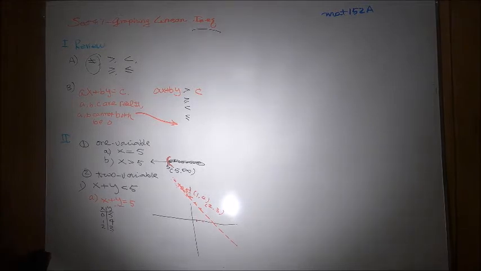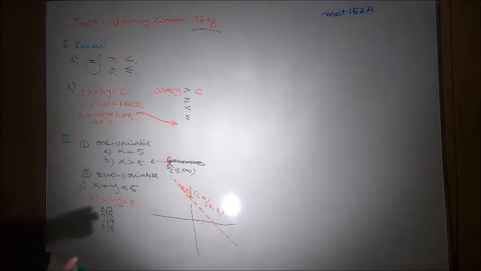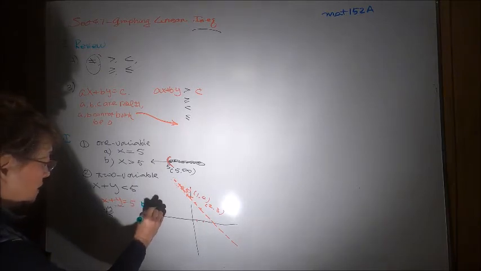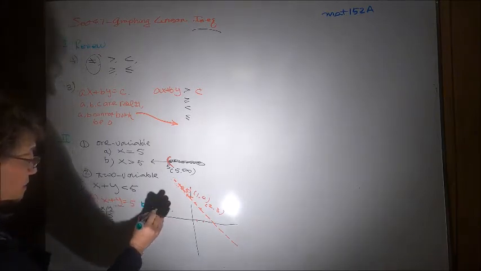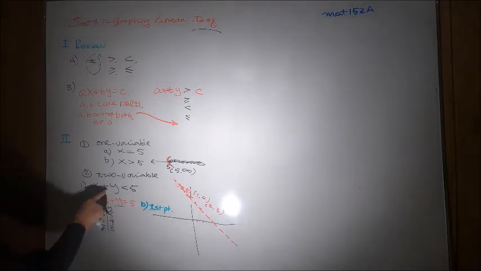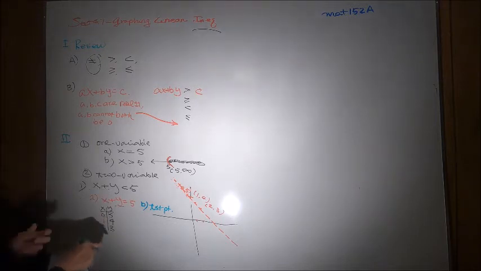One of them will work, right? So how do you know which one will work? So second step, so you will do the what? Test point. Okay? If the point works for the inequality, that means that side works, right?